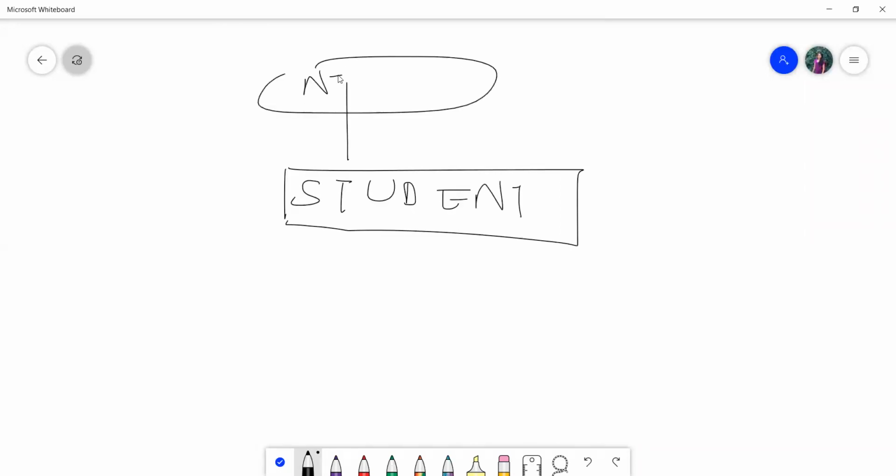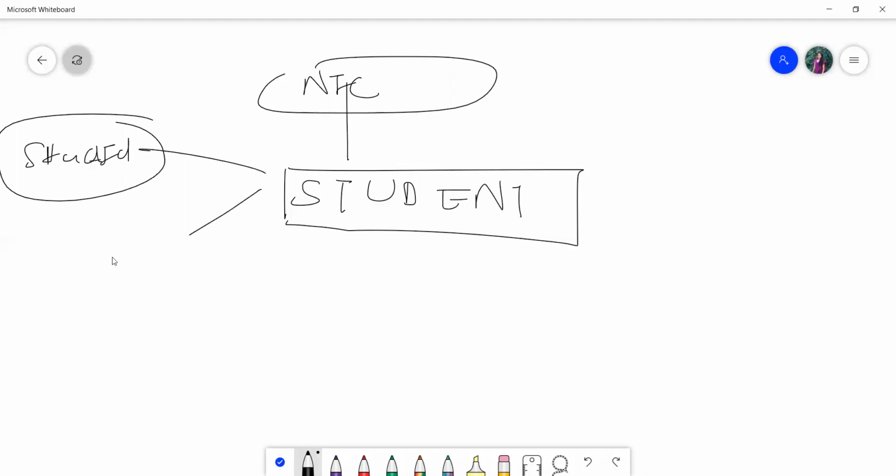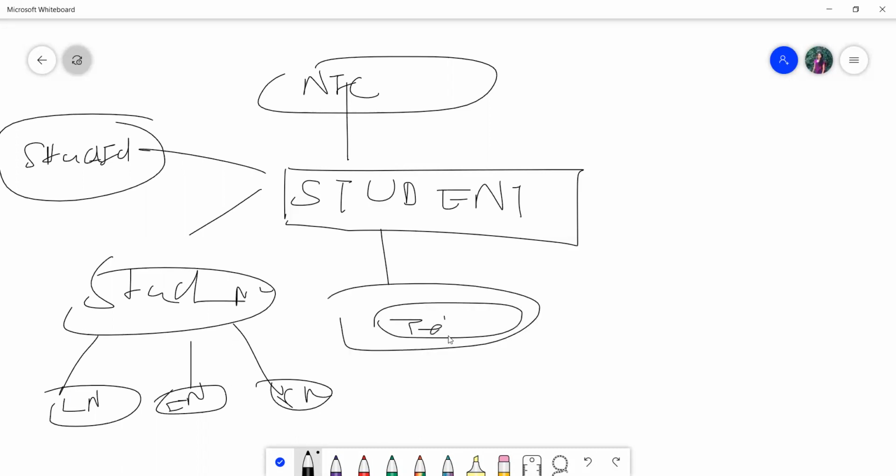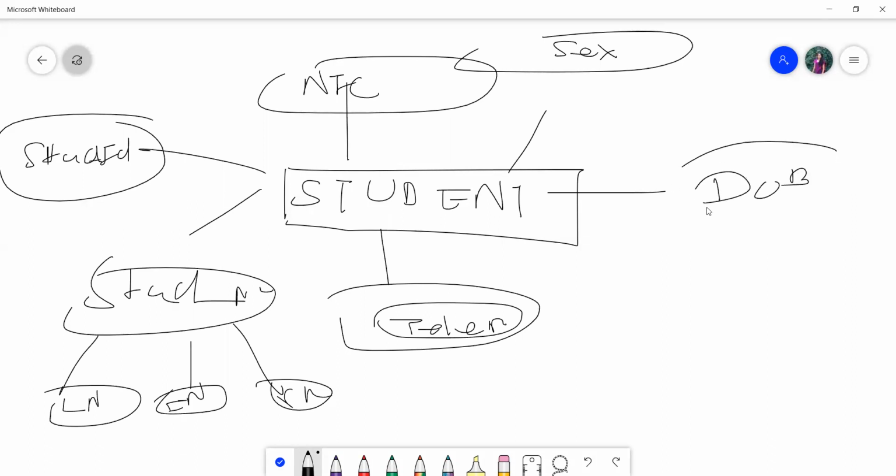We can use NIC number, then the primary key student ID, student name, last name, first name, and surname, then telephone number, then sex, again DOB, and the age.